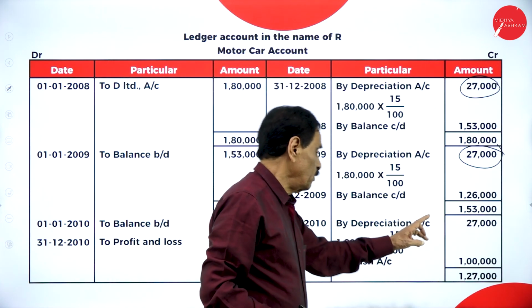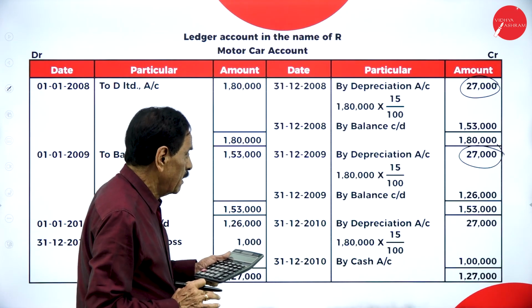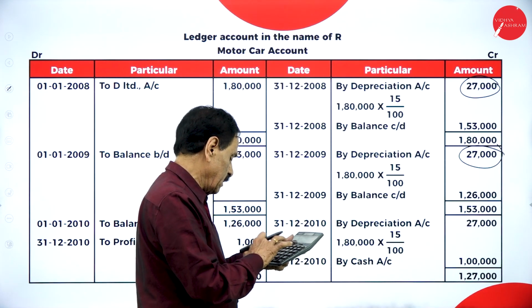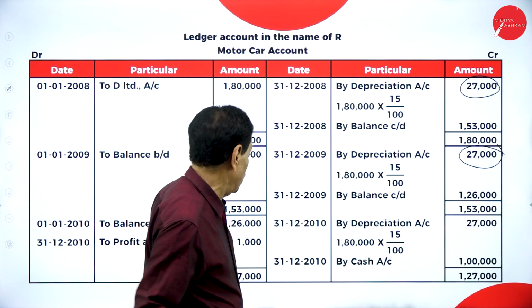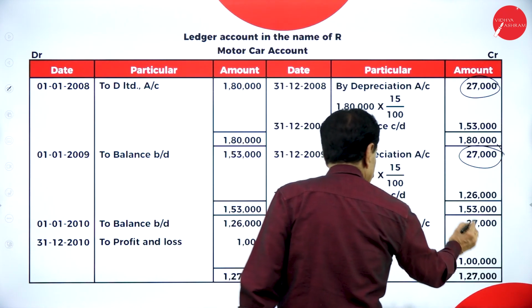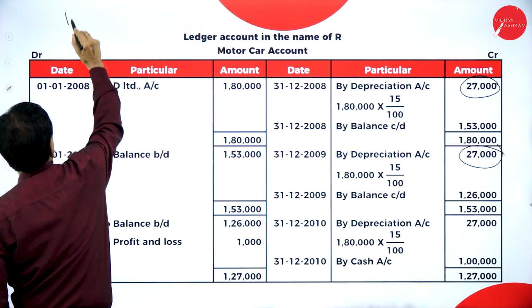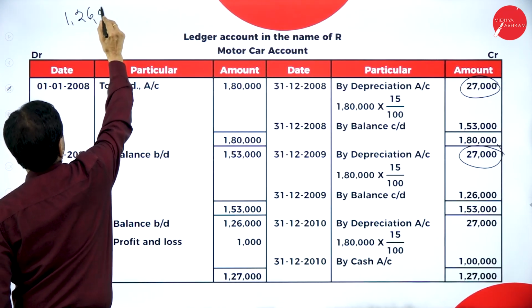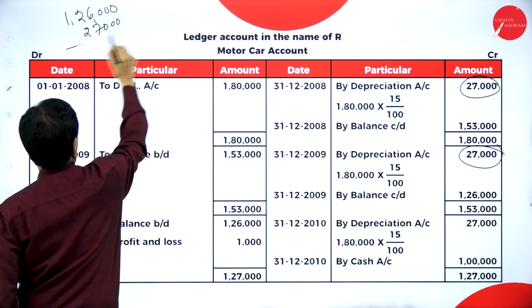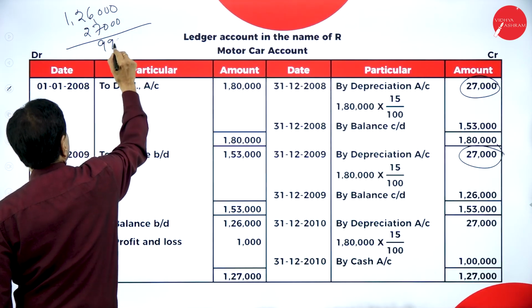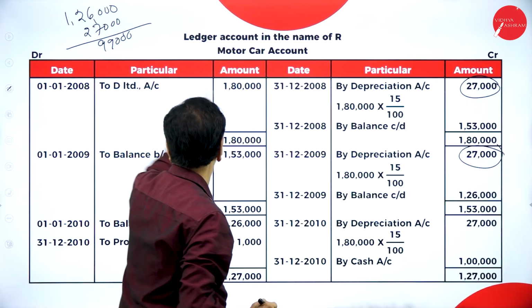By depreciation 27,000: 1,26,000 minus 27,000 becomes 99,000. For 1,26,000, 27,000 gone, the difference is 99,000.